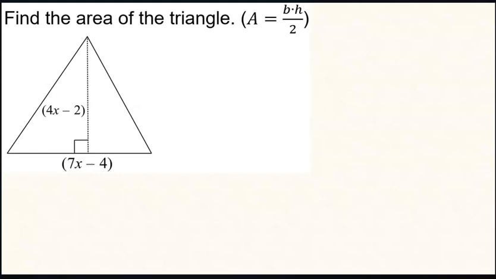So I'm going to use this form of the equation for the area of a triangle. Another way the area of a triangle is often written is like this. I find it tends to be easier to handle this way, but either way is fine.